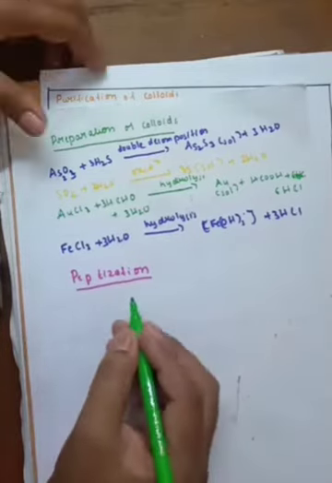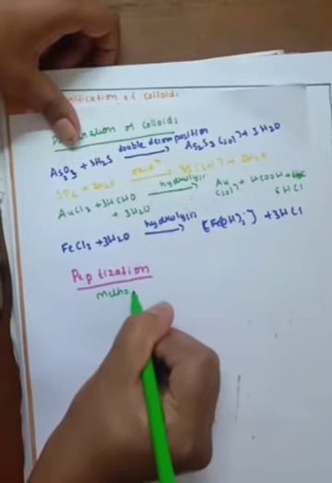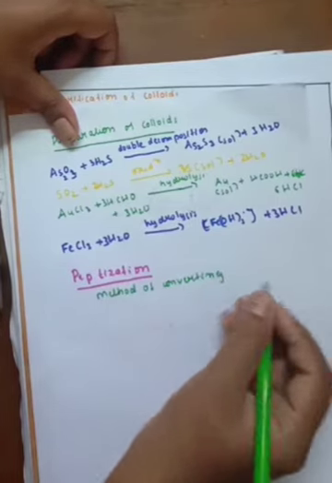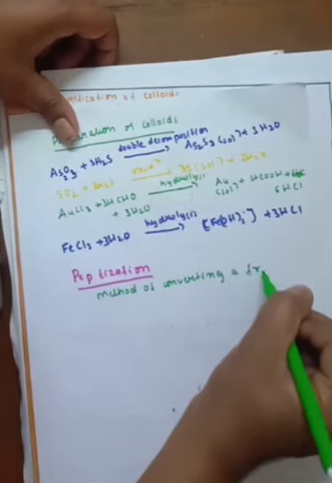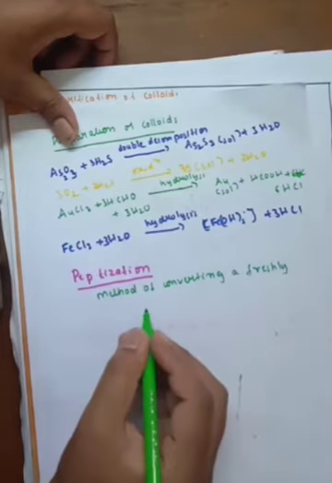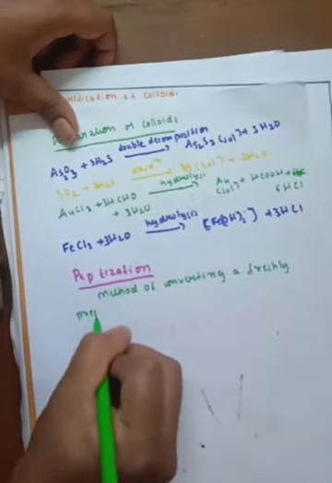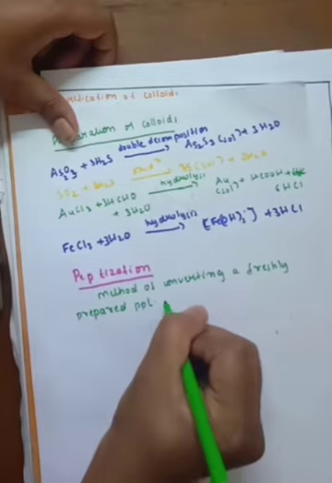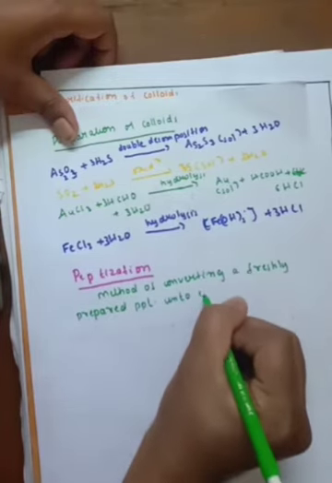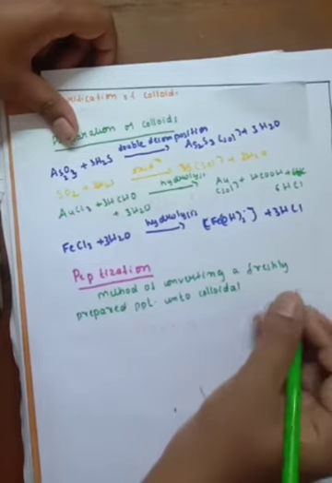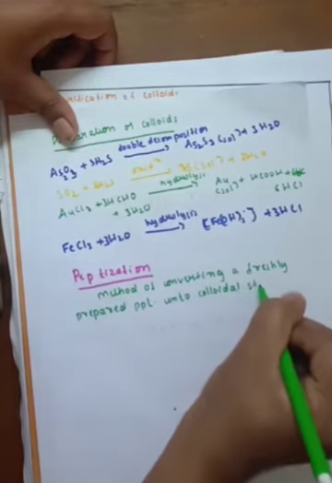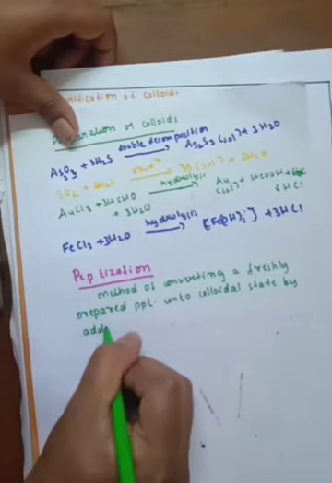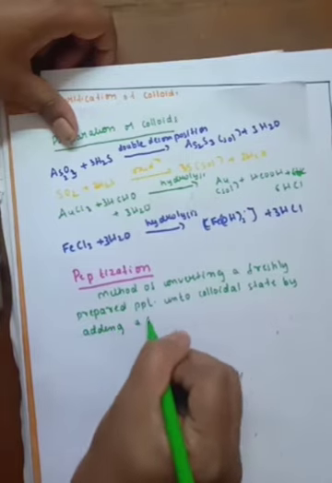Peptization means it is a method of converting a freshly prepared precipitate into colloidal state, the colloidal solution range, by adding a suitable electrolyte.